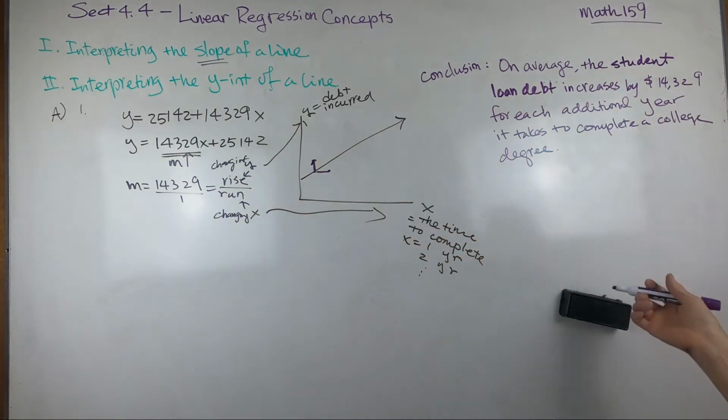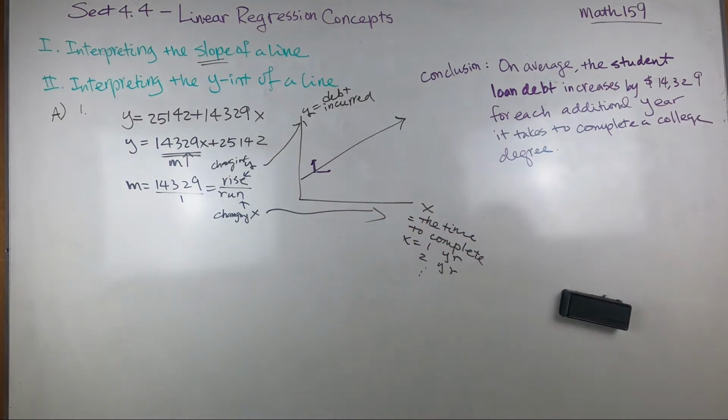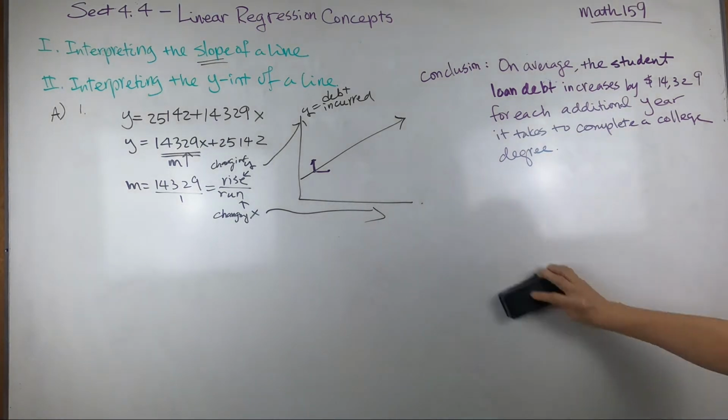The more years it goes, the more debt you will incur. 2 years, it will be double. 3 years will be 3 times. That's what we are talking about, how to interpret the regression line with the slopes.